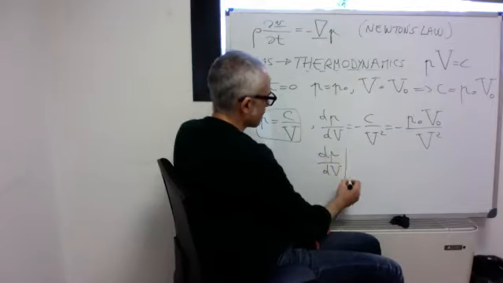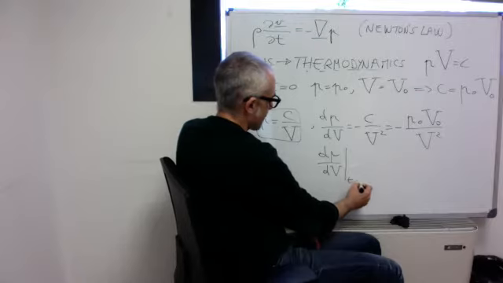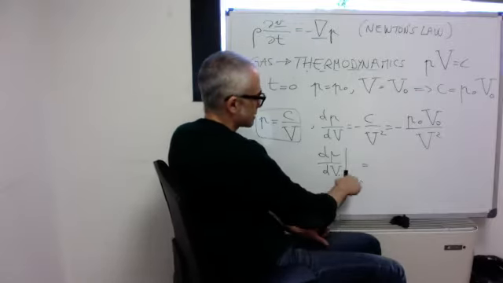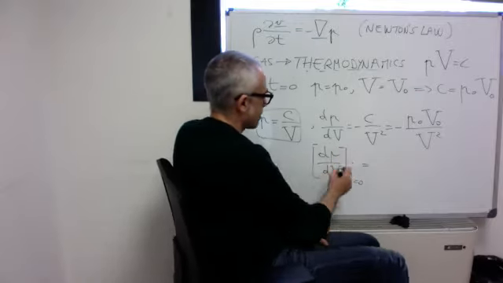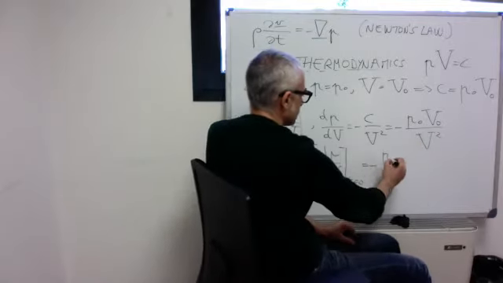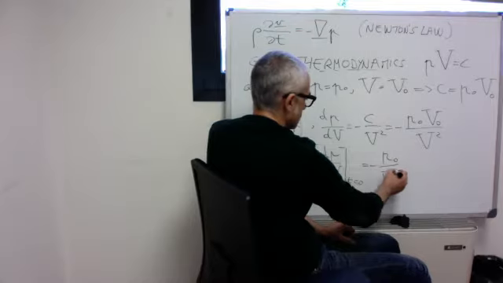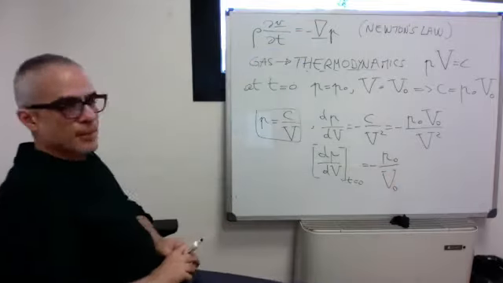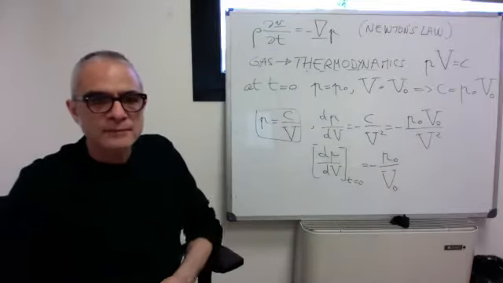Near the beginning of my experiment, at time 0, I can replace V with V0 here, and I'm left with minus P0 over V0.